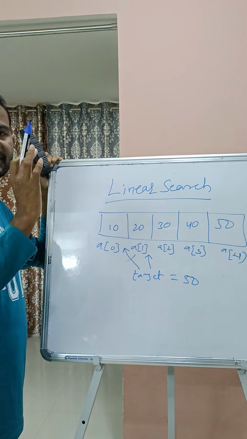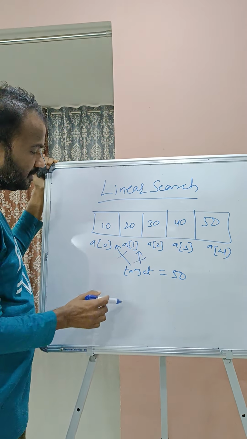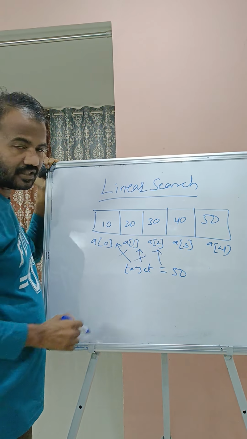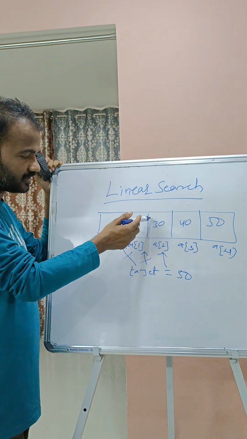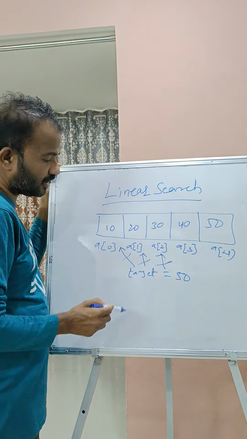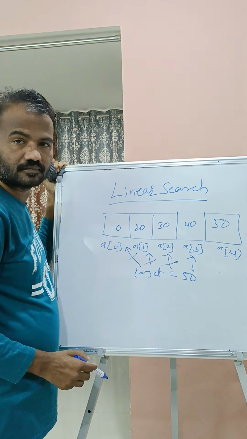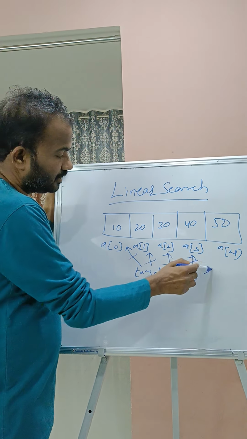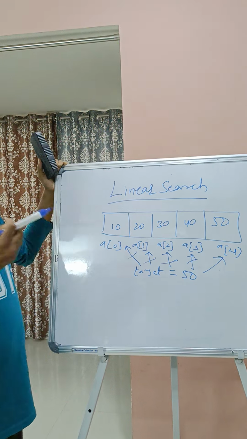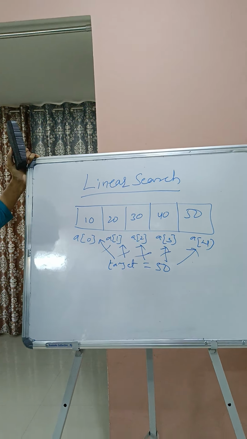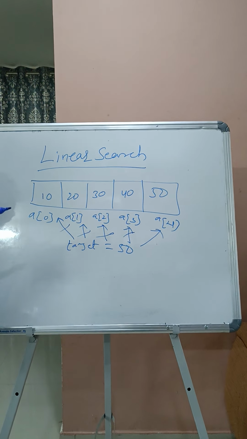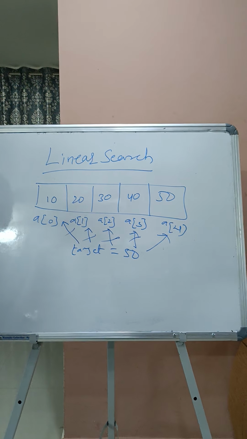If it is matched, searching is completed, but if not, it compares with the next element. This is 30, 50 not matched, so next it compares with the next element. Not matched. Yes, matched. Then we print: the target element 50 is present in position 4.